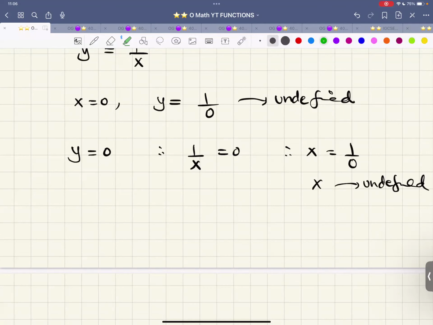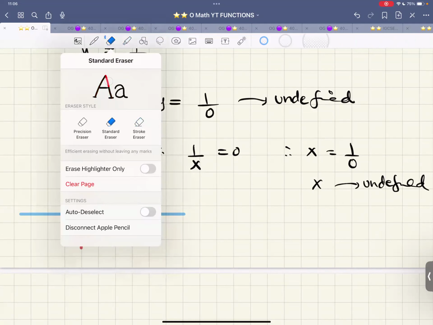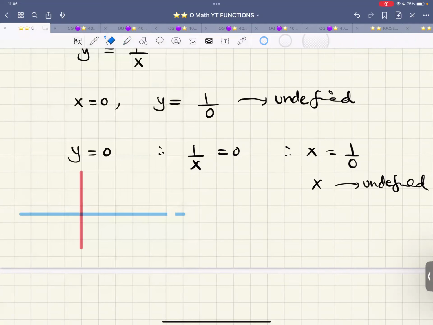So we have a vertical and a horizontal asymptote. So let me draw the x-axis. And similarly, let me draw the y-axis over here. So now let me grab an eraser and let me just cut some lines like this, make it dotted. So just like this. So our y-axis is a vertical asymptote.